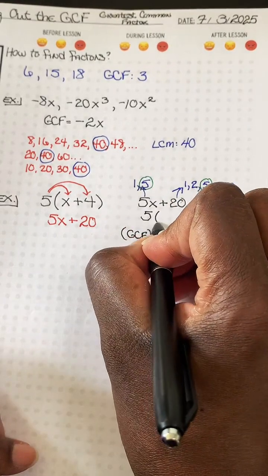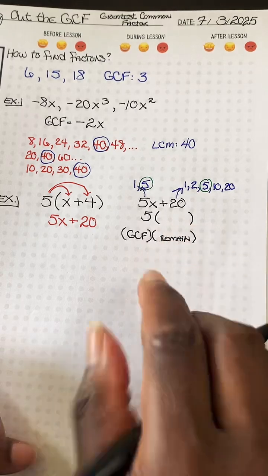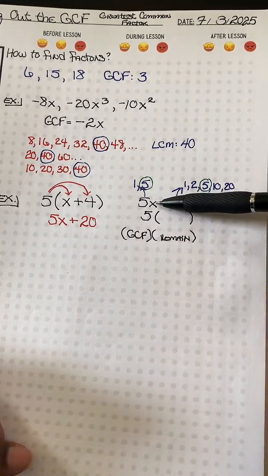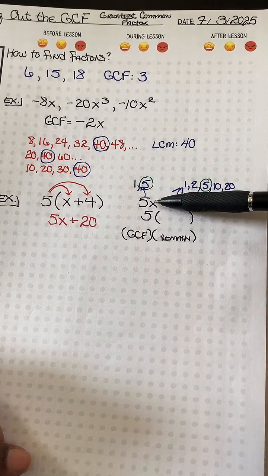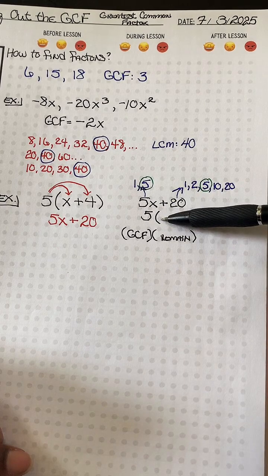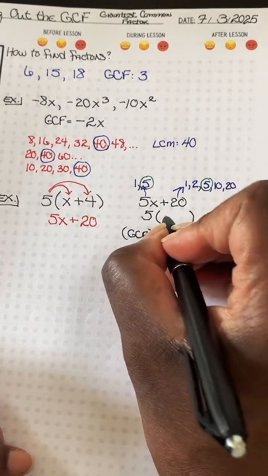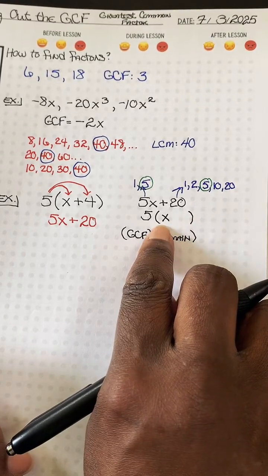Now, for us to figure out what goes inside the parenthesis, you're simply going to take your original and divide it by the GCF. So 5x divided by 5: 5 divided by 5 is 1, and since we have an x, the x comes down. So you can say 1x or you can say x.